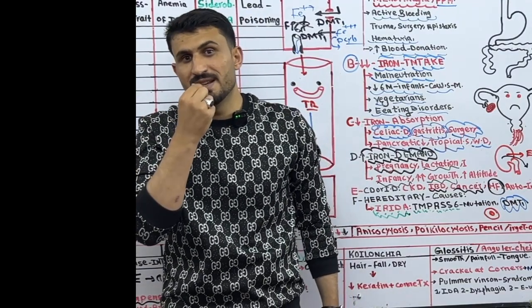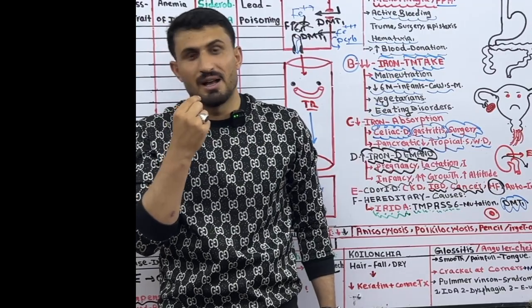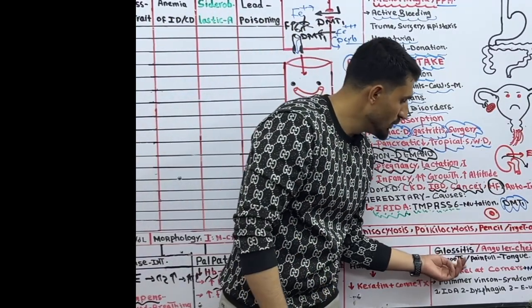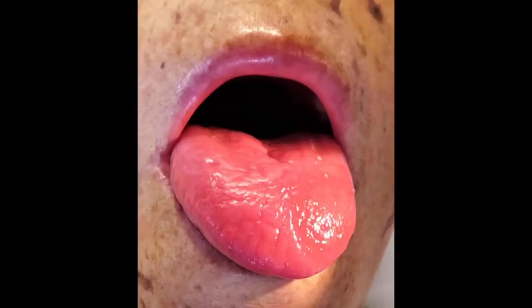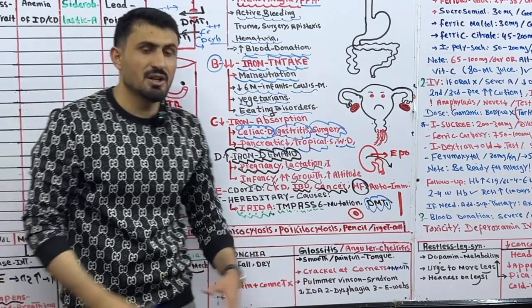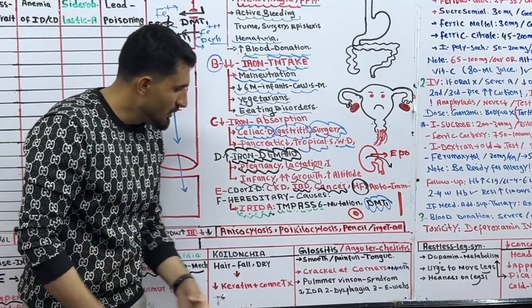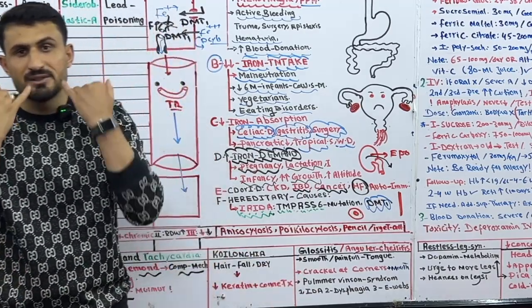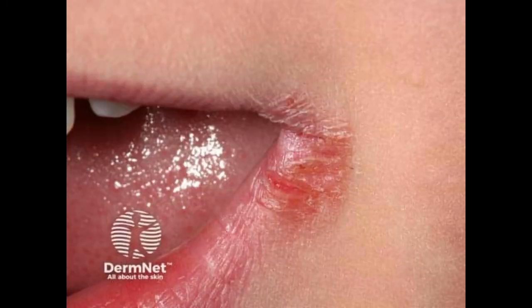So the patient loses papillae on the tongue, and due to that, the tongue will be smooth, painful, and red. Plus angular cheilitis: you'll find some fissures, some ulcers, some cracks at the corners of the mouth. This is called cheilitis.